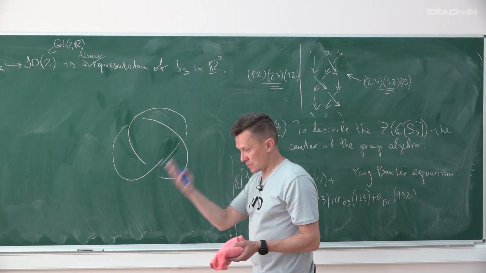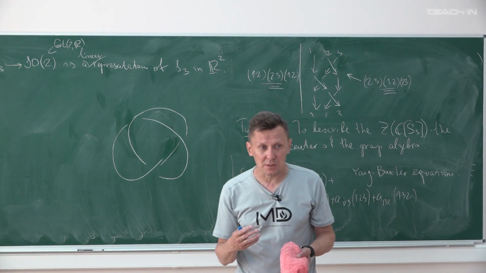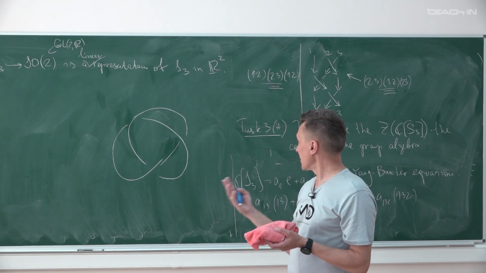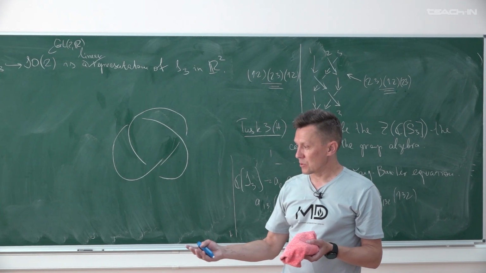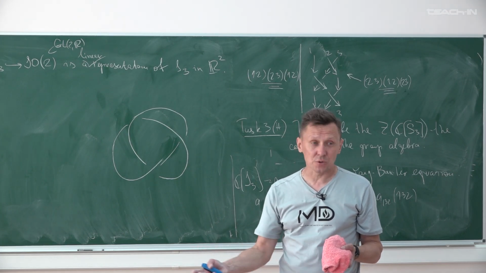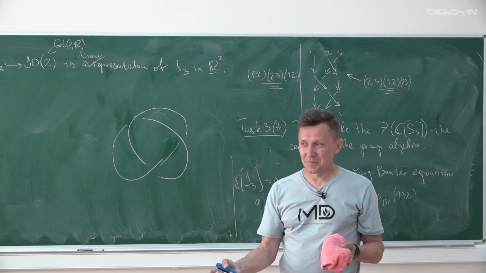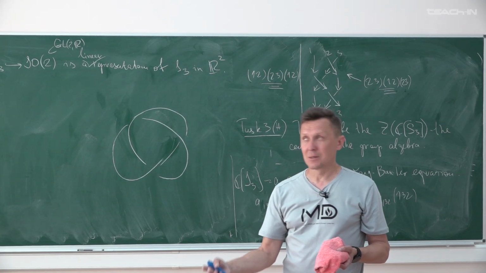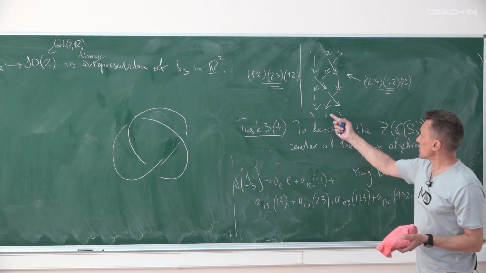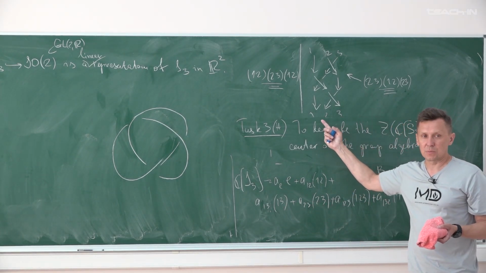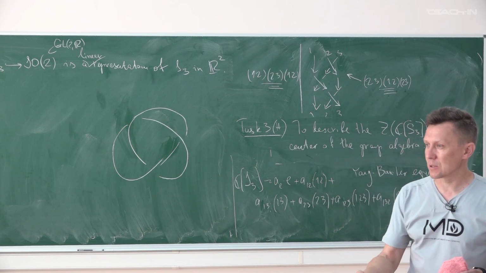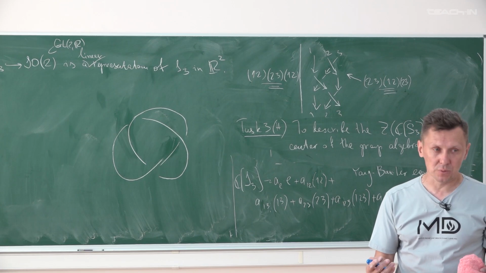For example, in topological quantum field theory, in Chern-Simons theory, the Wilson loop produced the invariants of knots, the Jones polynomial of knots. And some reasons for this are in this very basic structure of the braid group and of the Yang-Baxter equation, which is just a linear representation of the braid group, in a sense.